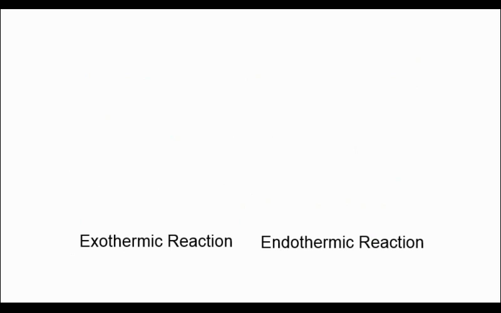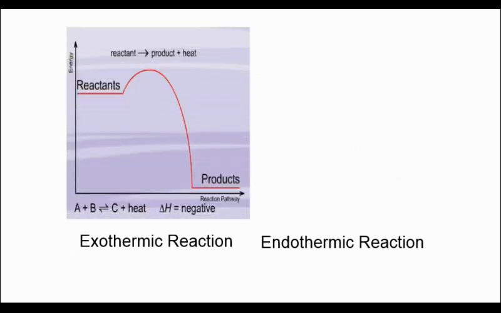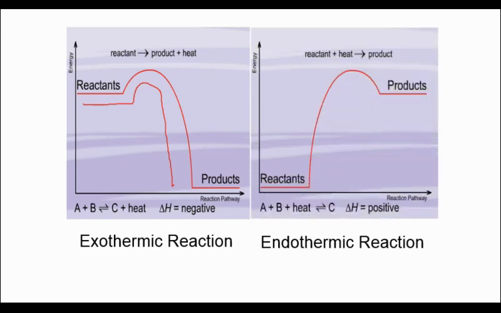As we look at in the graph, in the exothermic reaction, you can see that during the reaction, heat is released to the surrounding. So this is an exothermic reaction. While in an endothermic reaction, starting with the reactants, heat is increasing, heat is absorbed into the system. So it is an endothermic reaction.